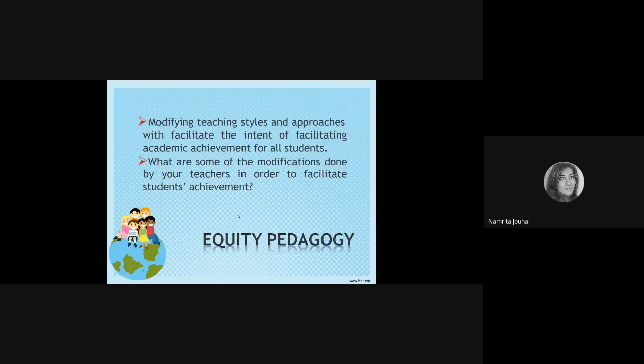Then equity pedagogy, that means modifying teaching styles and approaches with the intent of facilitating the academic achievement of all students. For example, you understand the background of the student, because when you're teaching something in the class and the student is new, maybe coming from a different country, the terminology or certain way you're using may not be understandable to the child, and he or she may not relate to those terms.